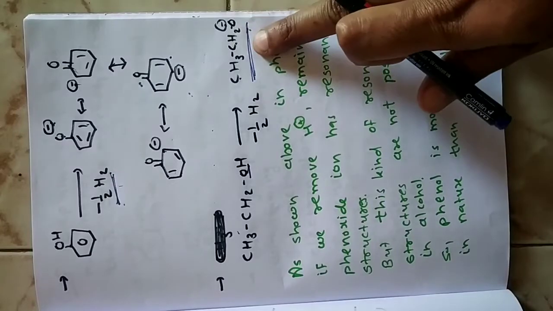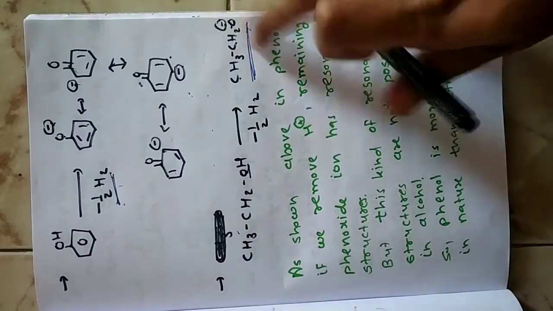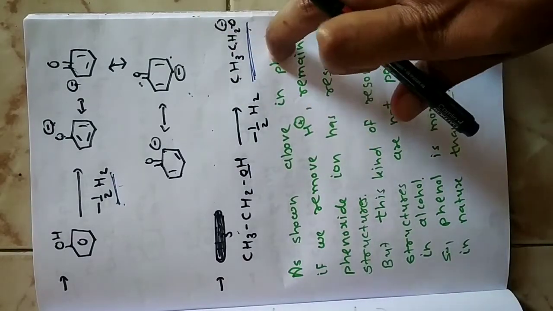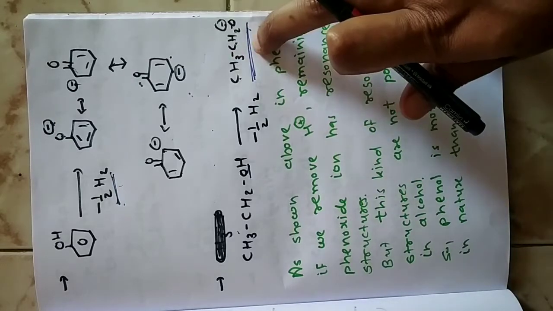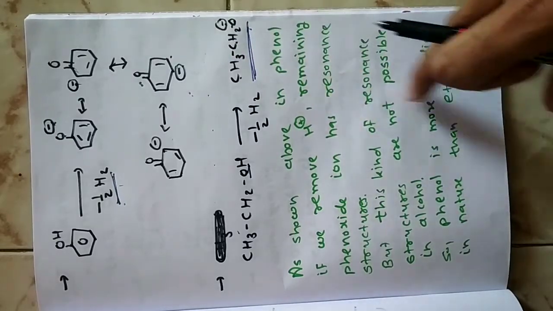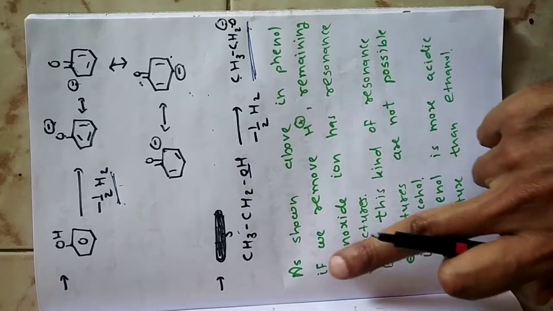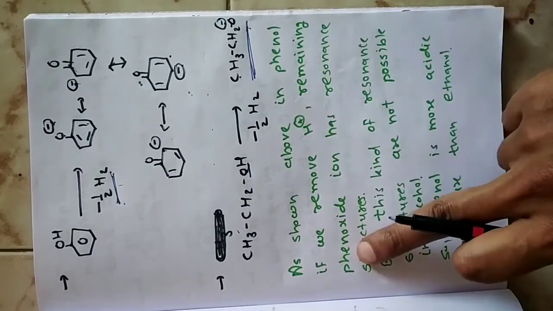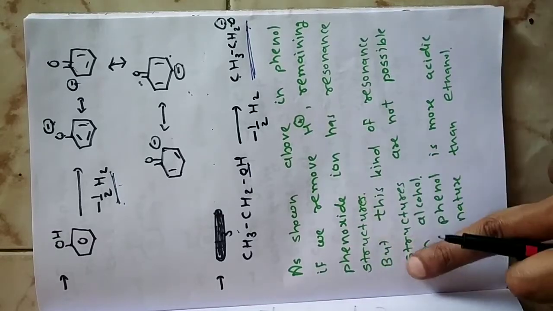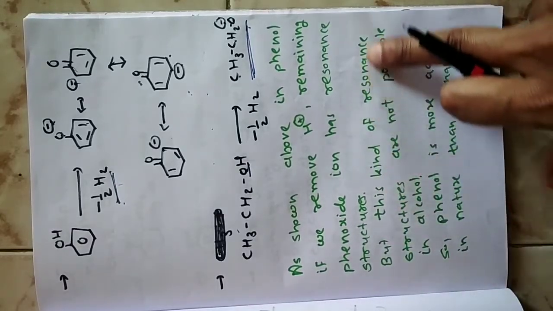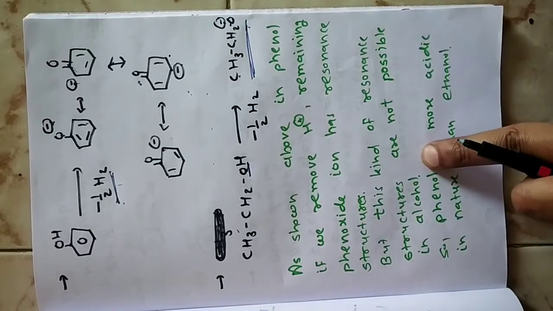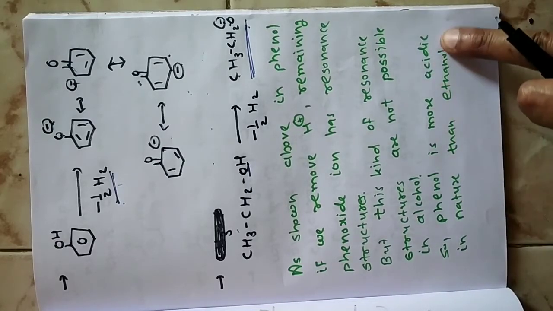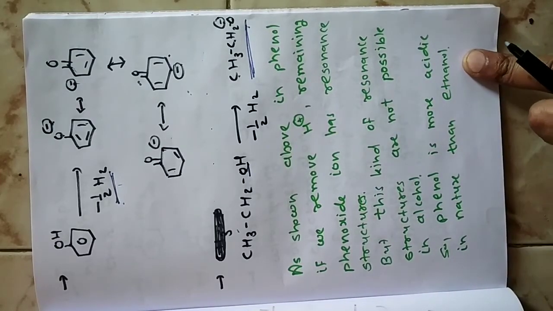This structure does not have any resonance structure, so it is less stable and less acidic. That I have written here. As shown above, in phenol, if we remove H plus ion, the remaining phenoxide ion has resonance structures, but this kind of resonance structure is not possible in alcohol. So phenol is more acidic than ethanol.